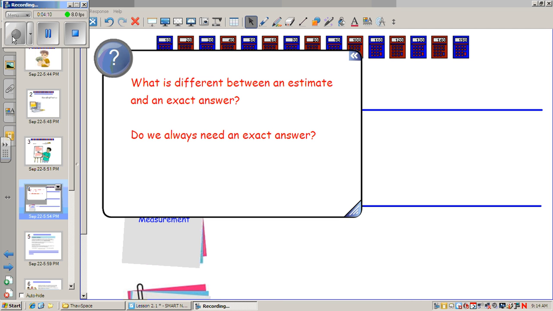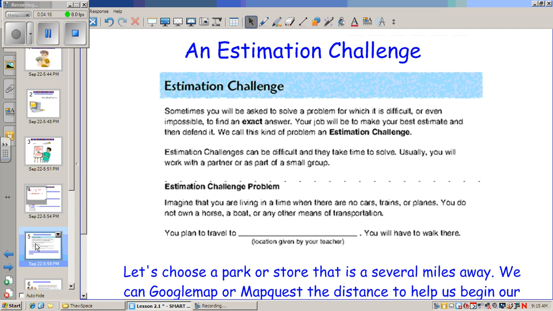Okay, so let's get moving on to our next part. It's called the estimation challenge, and I'm going to read it with you. Sometimes you will be asked to solve a problem for which it is difficult or even impossible to find an exact answer. Your job will be to make your best estimate and then defend it.